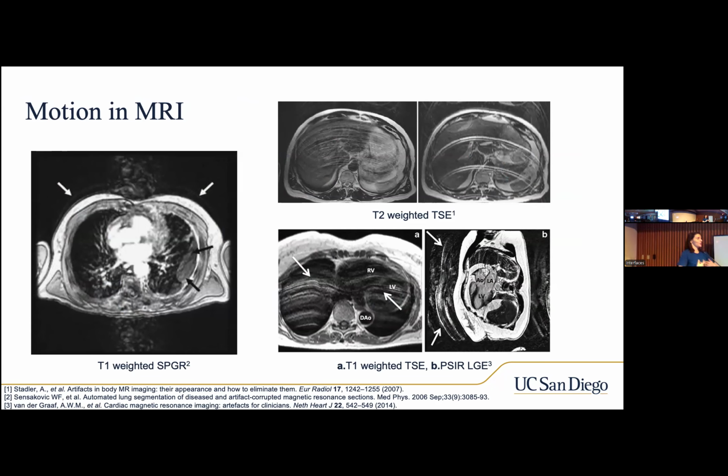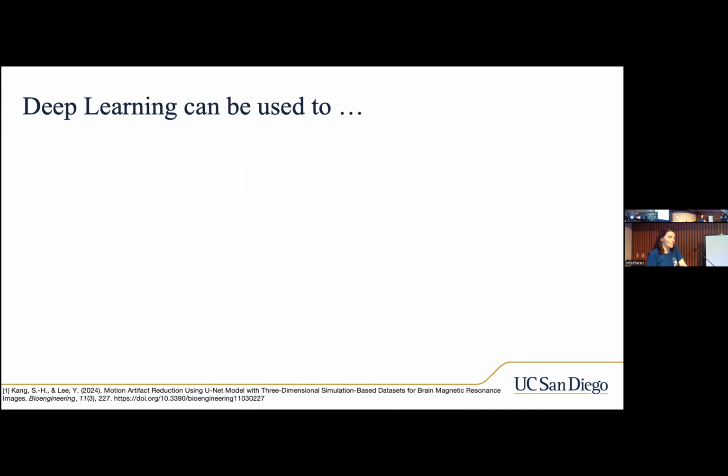I mean, it's also just your heart moving and your breathing, something you really can't control. And it can cause motion artifacts that look like this, making it very difficult to tell what's going on or that this is even a heart. And so making it really challenging for people to use this information and diagnose. So trying to find ways to mitigate this is a big part of a lot of people's research in MRI.